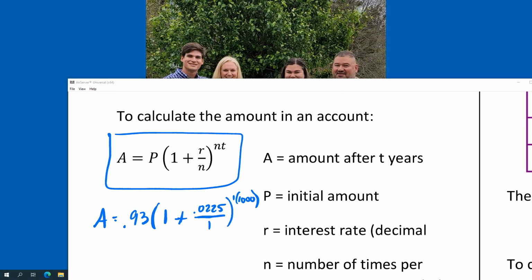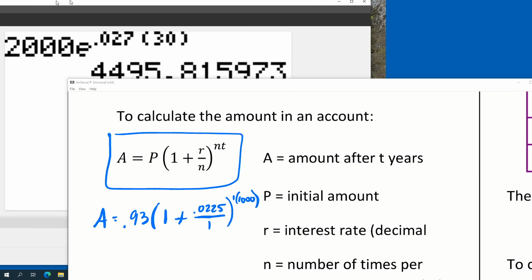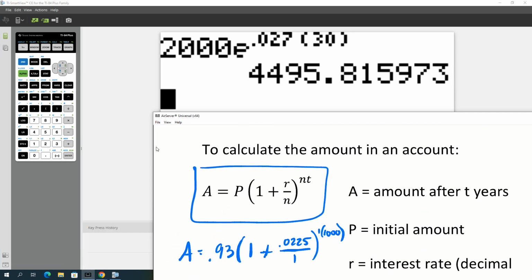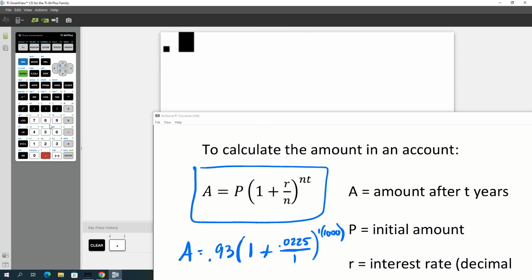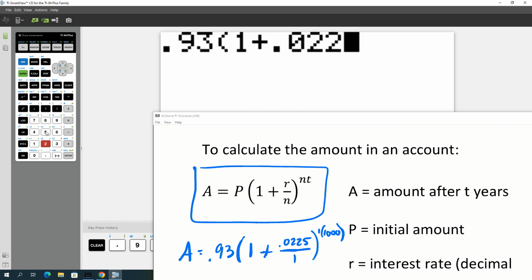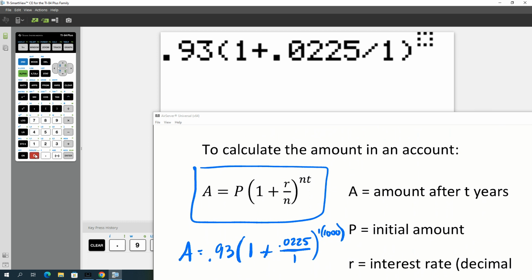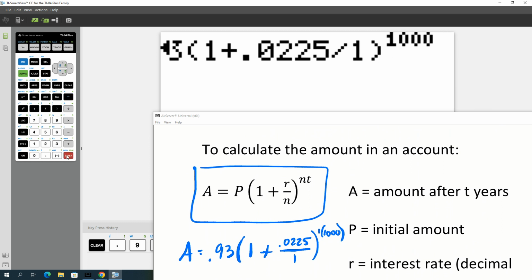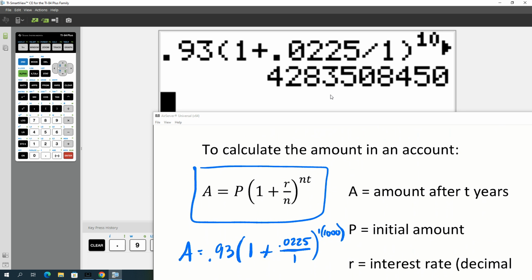I'm going to pull up a calculator real quick. All right, that's where we get the $4.3 billion in his account.